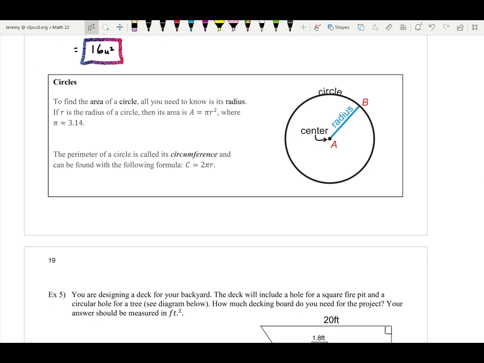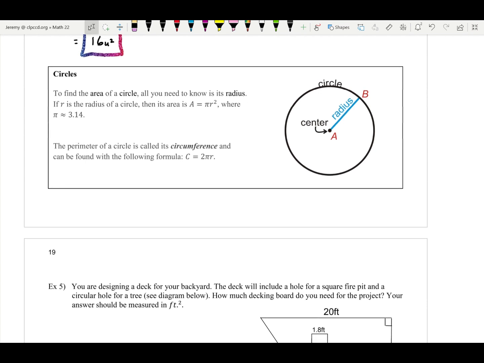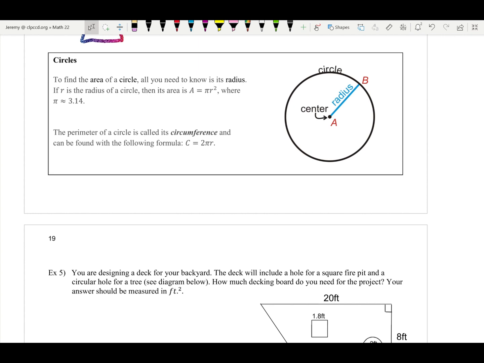To find the area of a circle, all you need to know is its radius, where the radius is just the distance from the center of the circle to any point on the circle. Okay, and the center is defined as the point that is equidistant from all points on the circle.